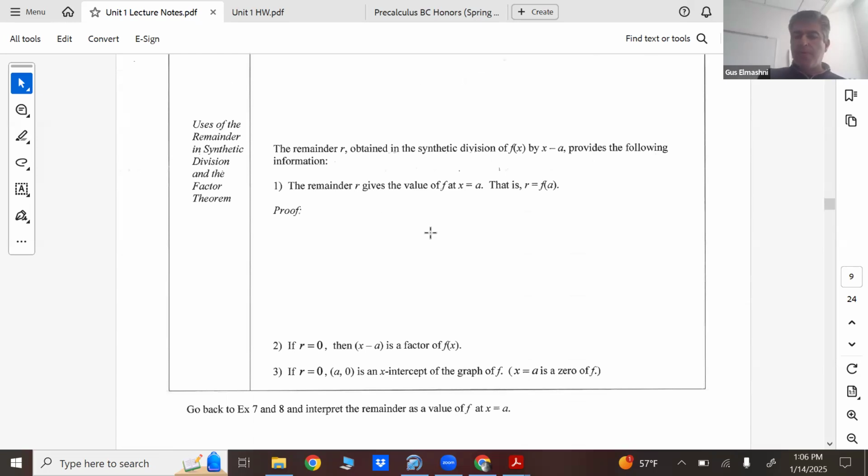I won't do the formal proof because that'll take a while. And actually, to be honest, I don't remember the proof. Guys, quiet, please. But what if your remainder is 0? Then it's a factor. Then it's clean. It comes out clean because f of a equals 0. Guys, I need you to focus, please.